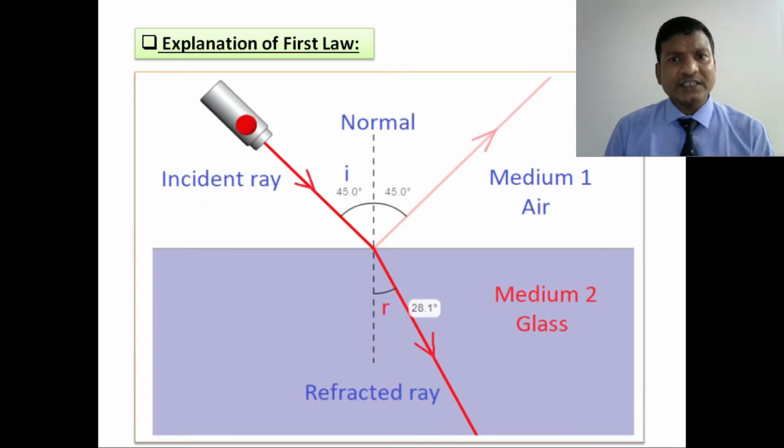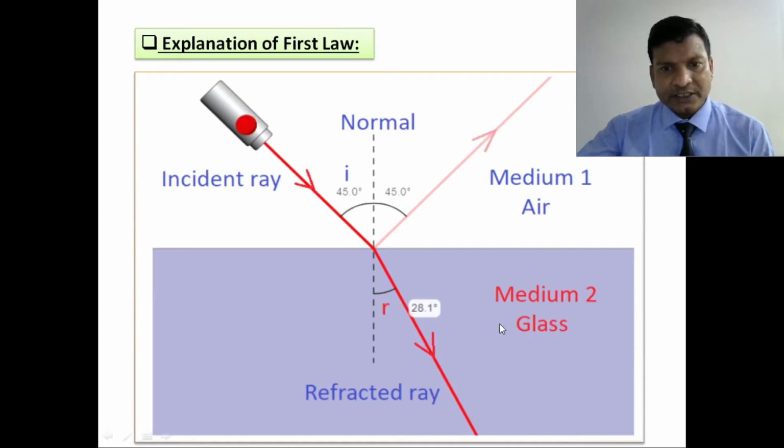Just understand this from this diagram. One diagram you can see over there. See, one incident ray is coming. This is the incident ray which is striking over here, and this is the refracted ray which is coming in the second medium. There are two mediums here. This is medium 1, which is air. Then this is medium 2, which is glass.